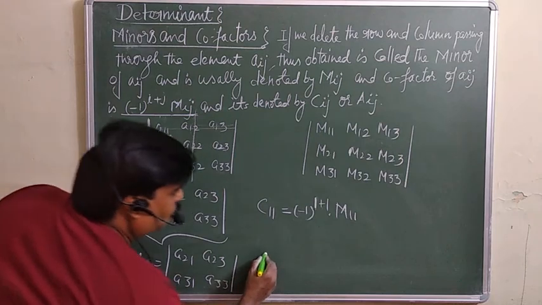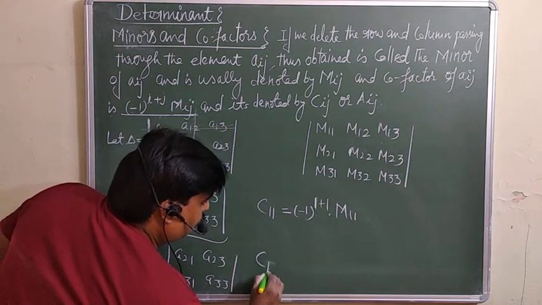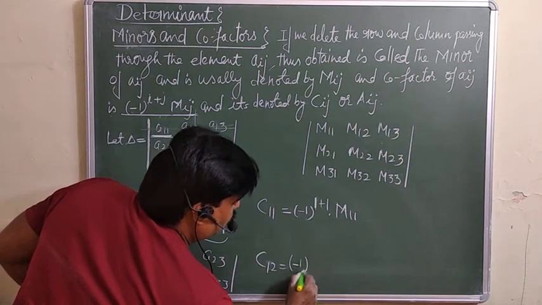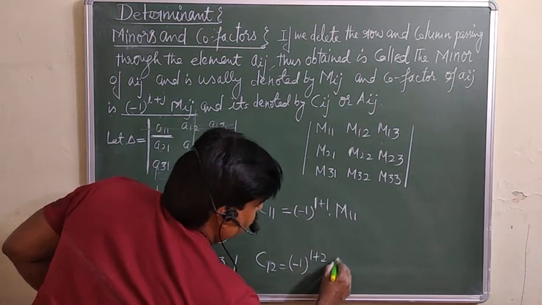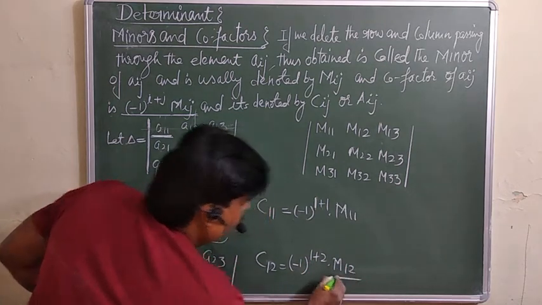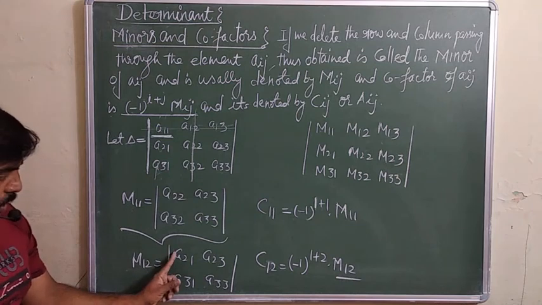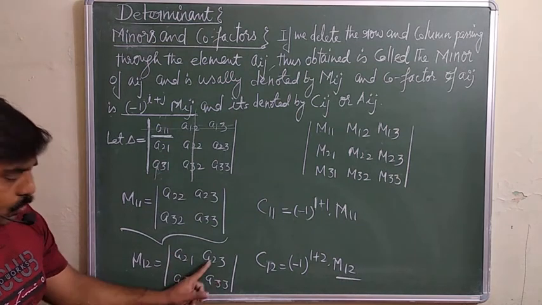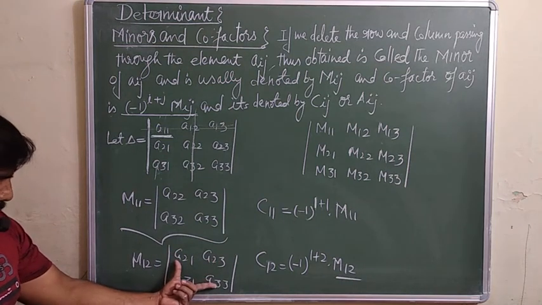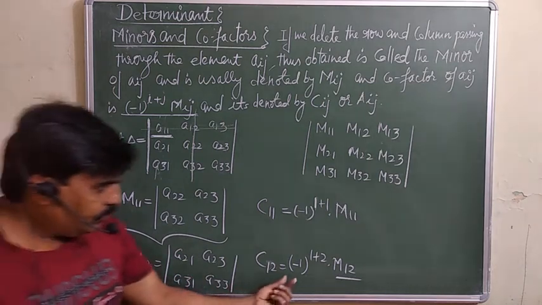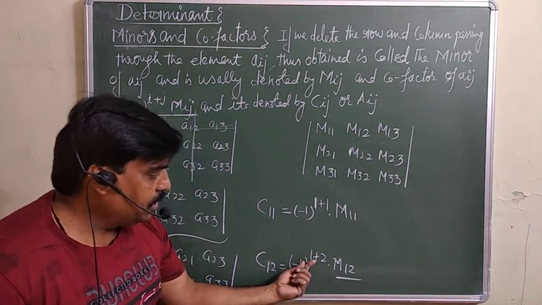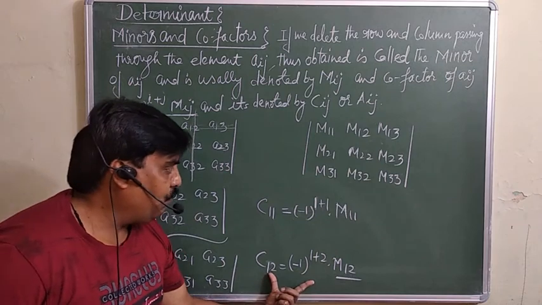If you want to write the cofactor of this one, C12, that is equal to minus 1 raised to power 1 plus 2 into M12. Whatever minor comes, this into this minus this into this, that is multiplied by minus 1 raised to power 1 plus 2. So this will be the cofactor.